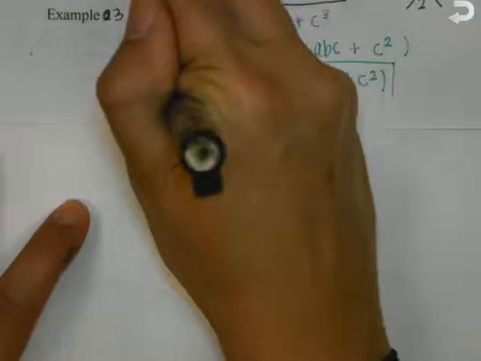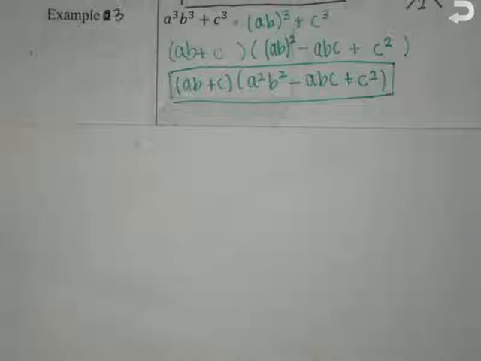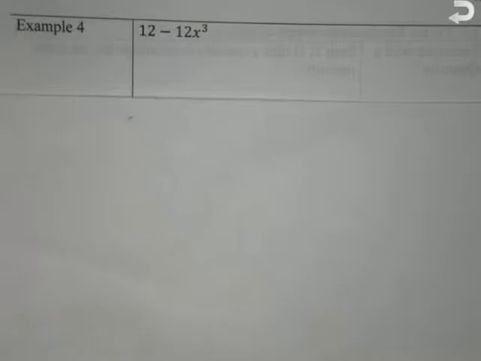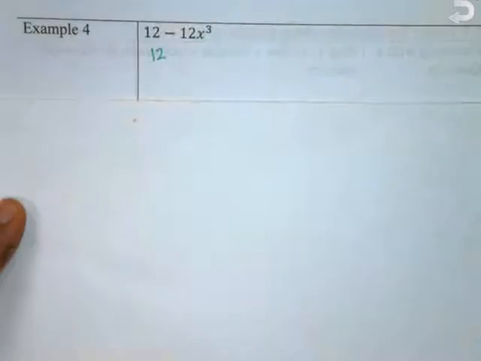So example 4, going back to working with numbers, we have 12 minus 12x to the third. Okay, 12 is definitely not a perfect cube, but what can I do before I even start? Factor out a GCF of 12. So factor out a 12, and that's going to give me 1 minus x cubed.